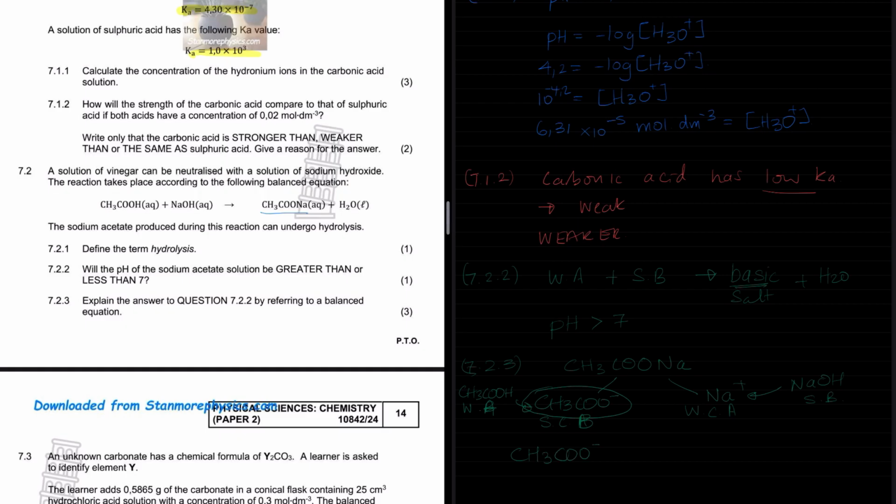CH3COO minus plus water is going to give us, now if this is acting as a base, that means the water is acting as an acid. Acids are proton donors, so an H is going to be donated there, resulting in CH3COOH plus OH minus. The presence of OH minus tells us that the solution is going to be basic.